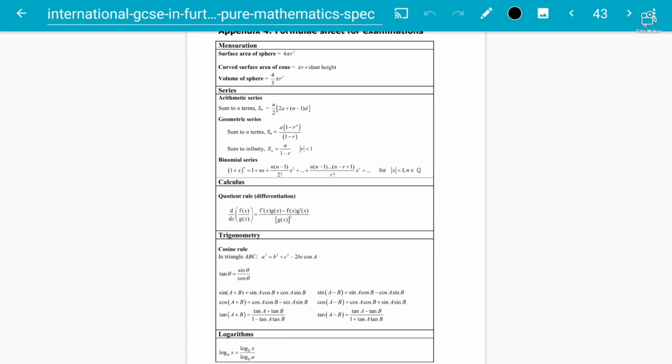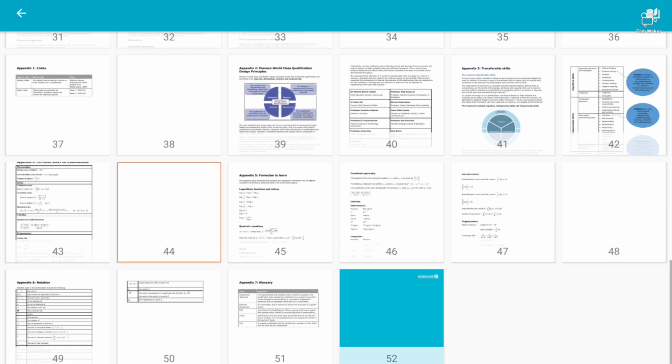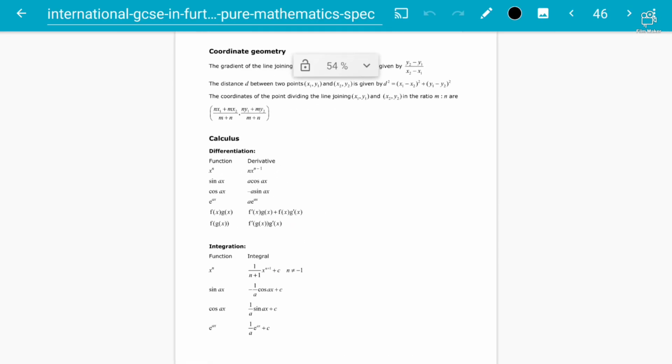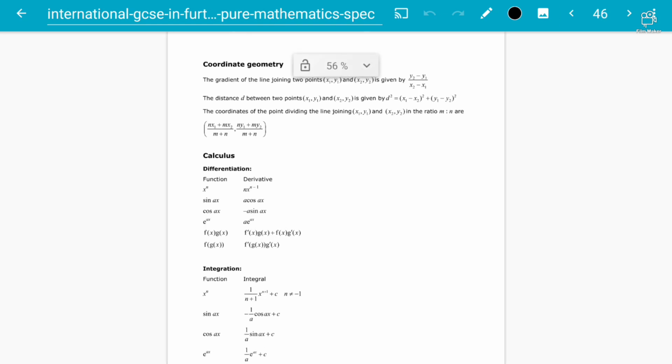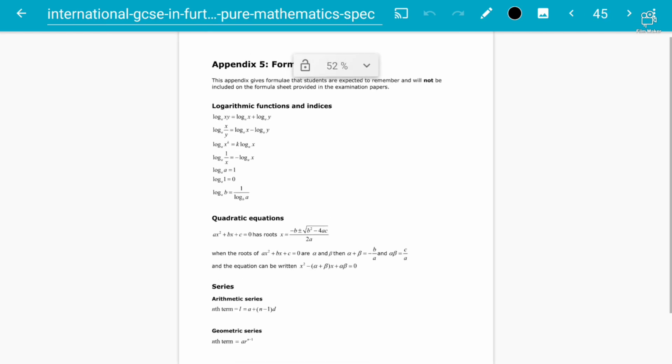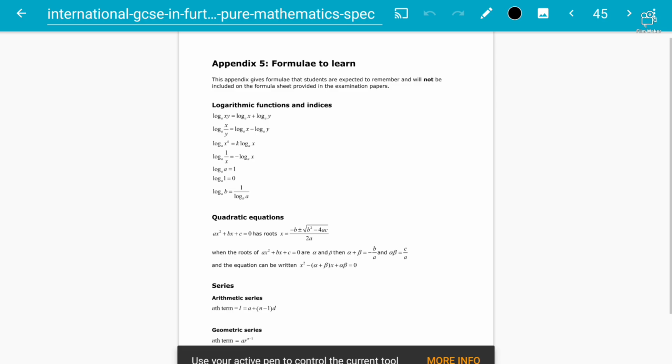I would recommend everyone see the specification, which is easily available on the internet. You will understand there are a lot of other formulas that you should know, such as the basics of differentiation, the basics of integration, and basic formulas of coordinate geometry. That is very important. It says appendix number 5, which is the formulas to learn as well.